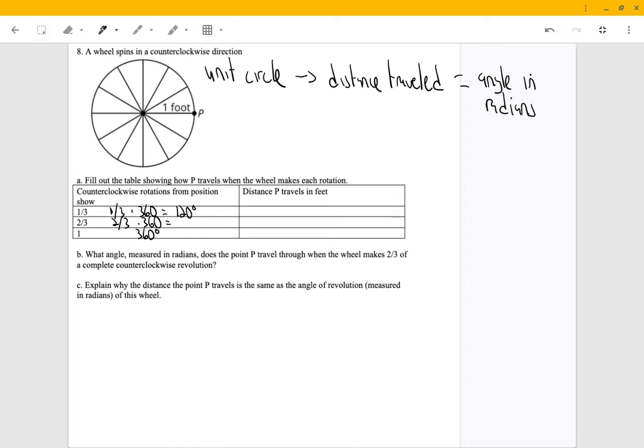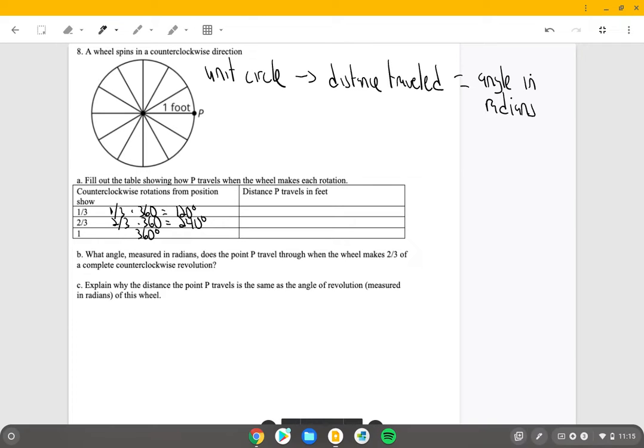So 120 would be the angle 1/3 of the way around the circle, and 240 degrees would be the angle 2/3 of the way around the circle. And then obviously 360 degrees would be one full rotation around the circle. So the answers that we put in here are going to be whatever these angles are in radians.